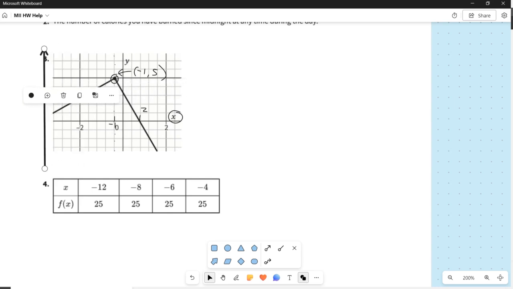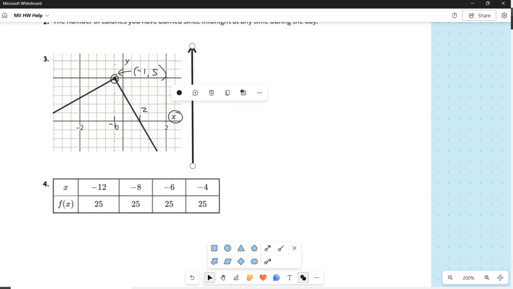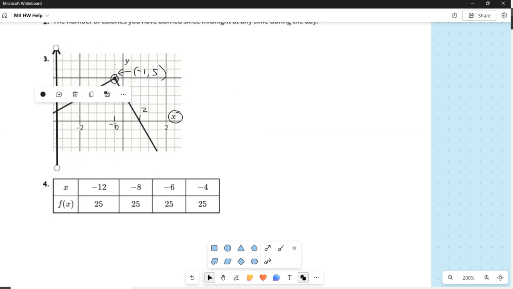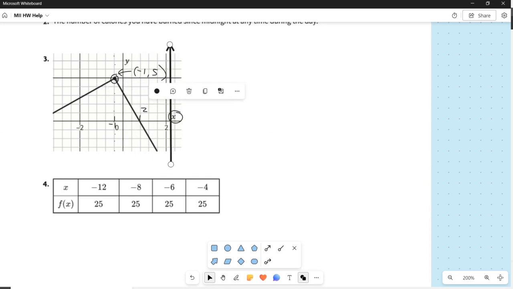And you can see here that the entire time, as I'm going from left to right, my vertical line only ever intersects this graph at most once. Once, and then it gets here, and it doesn't intersect at all. But if you were to continue this graph, it would be down this way.